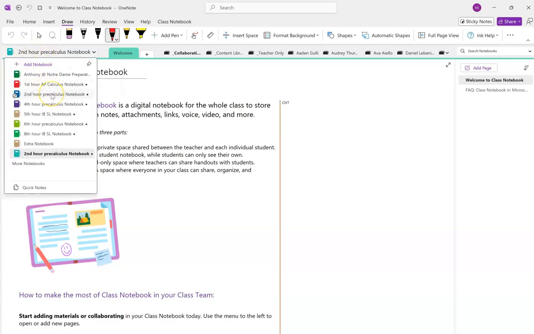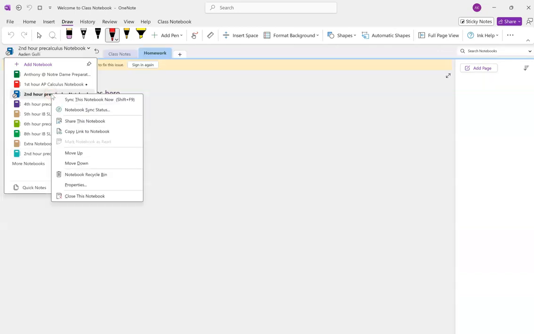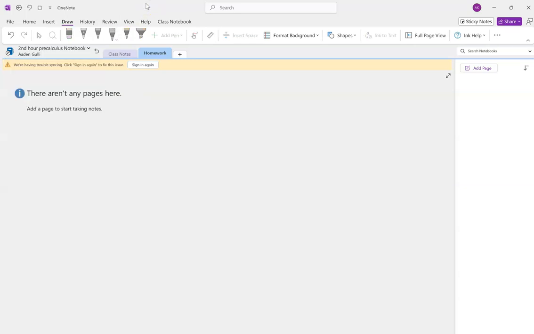Once you've moved everything that you want, if you go to the drop down and right click on that old notebook, you can just hit close the notebook and it's gone, it's closed, it's out of your way. You can forget about it. Does anyone need help doing any of those two things?